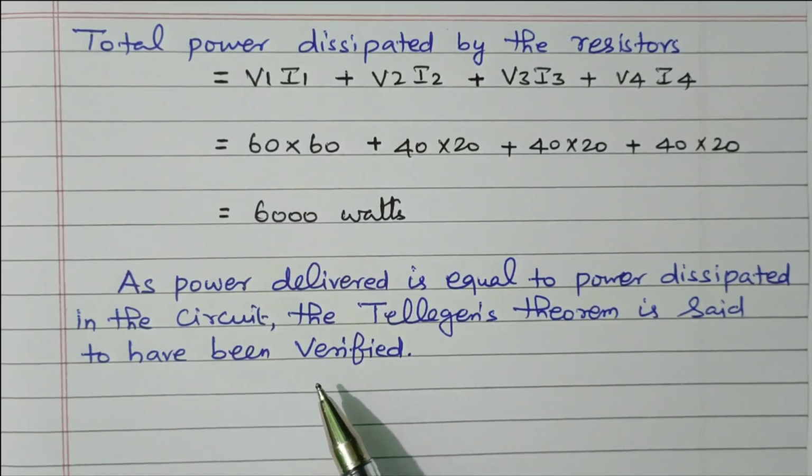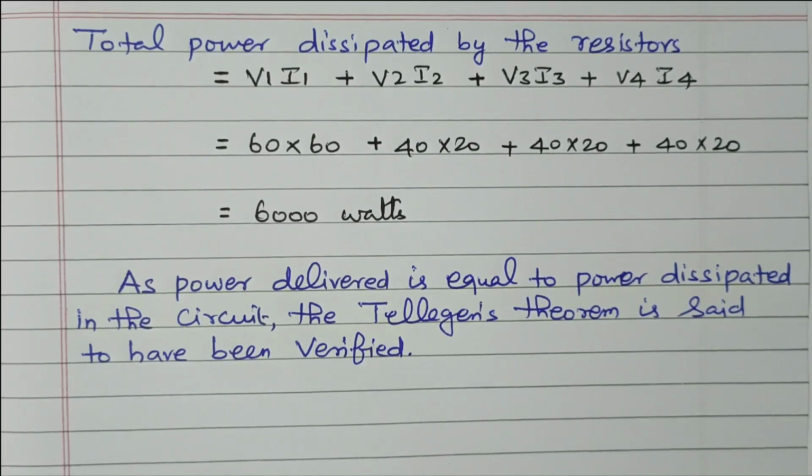So in this problem, we verified Tellegen's theorem. First we calculated the voltage across each and every element, the current through each and every element, then the power delivered by the source, then the power absorbed by each and every element. We observe that both are equal, so Tellegen's theorem is verified.